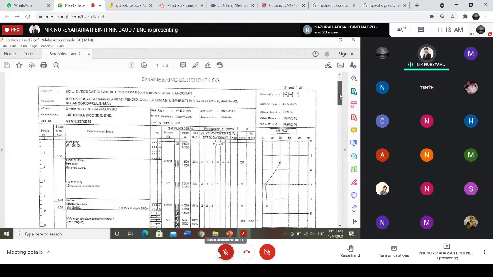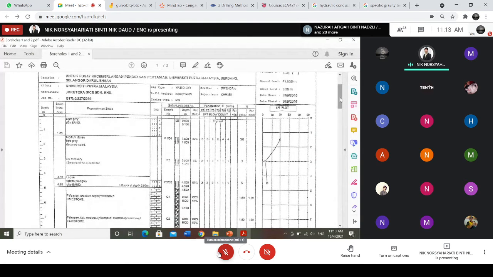So for these purposes, if you have a look, the raw data that has been jotted down by the contractor, or actually the person in charge of this borehole, is the geologist, the technical engineer geologist, who needs to know and jot down this part.